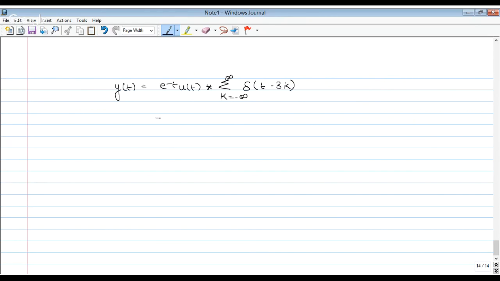Solving with the delta function, we get a shifting in the function. So it will be e to the power minus (t minus 3k) u(t minus 3k). That is what we get.